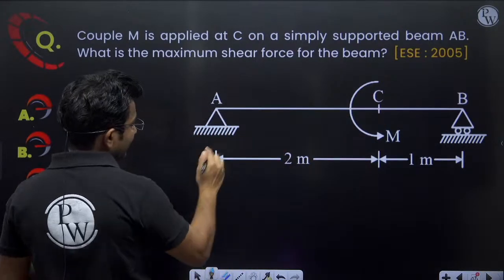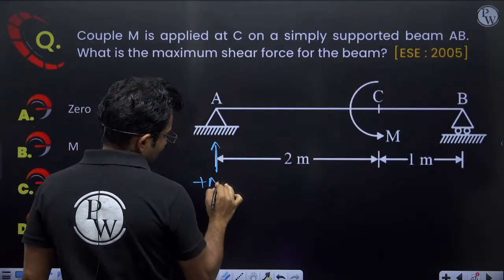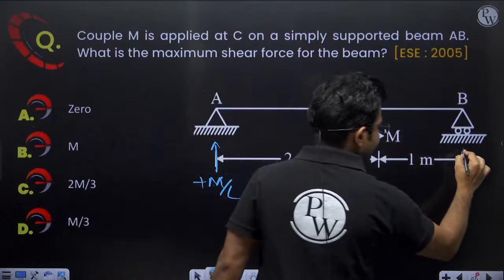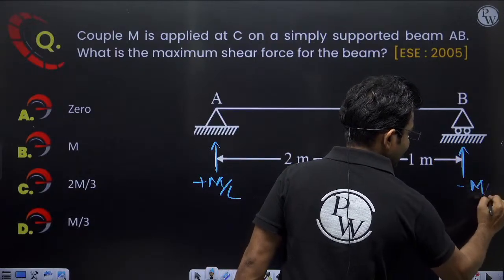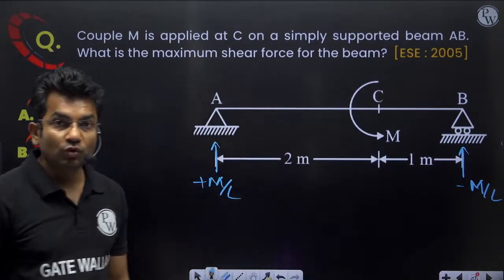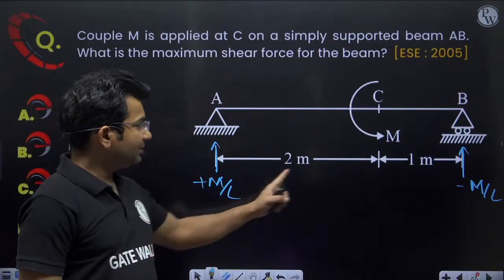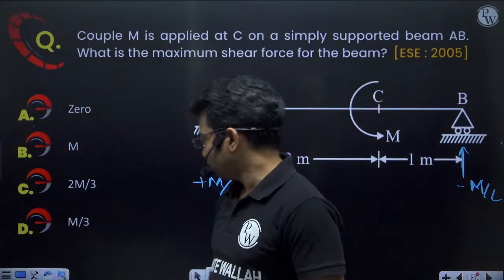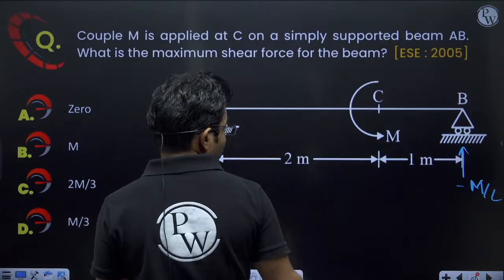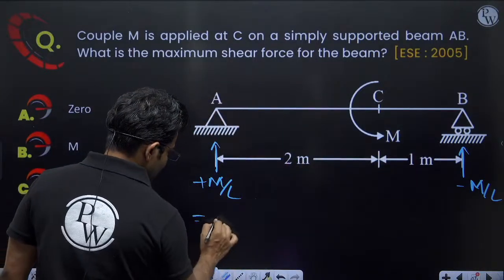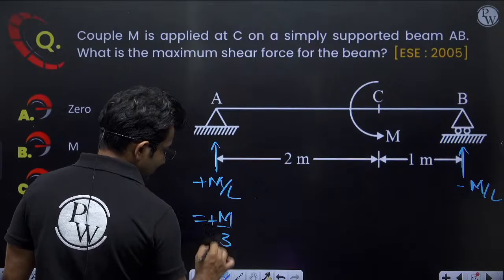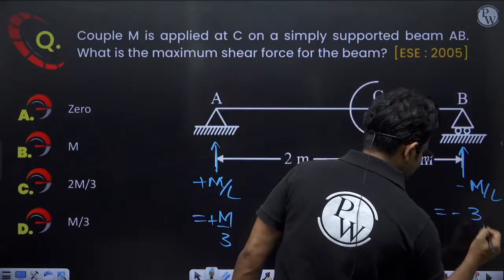So here I will get plus M by L, and here I will get minus M by L. So the maximum shear force will be M by L only. The length is 3 meter, so it will be M by 3 here, and minus M by 3 there.